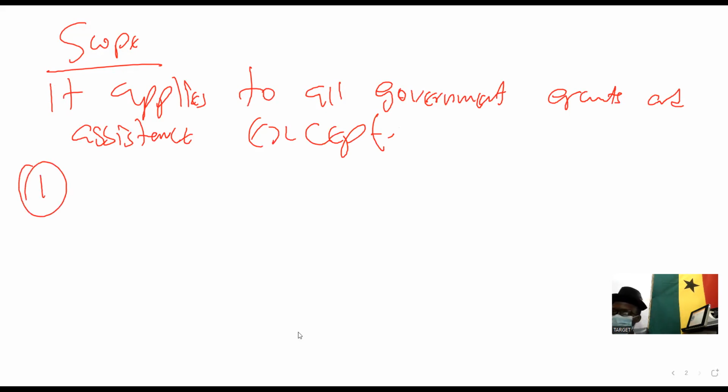Especially my final year, final level students, these sections are so important to you. The examiner could set a lot of issues and you will be asked to account for the transaction under the right method. In that case, you must know where this standard starts and where it ends.